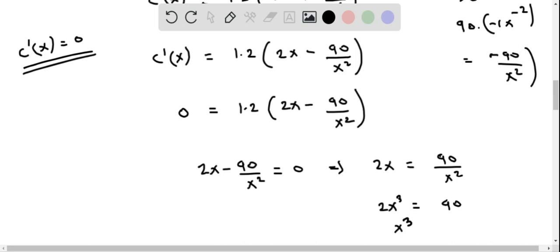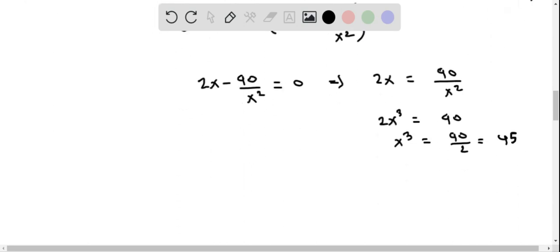And so we divide by 2, which gives 90 by 2, and this equals 45. So we take the cube root on both sides, which gives x equal to the cube root of 45. And this is approximately 3.56. So we have identified the critical point of the function is 3.56.